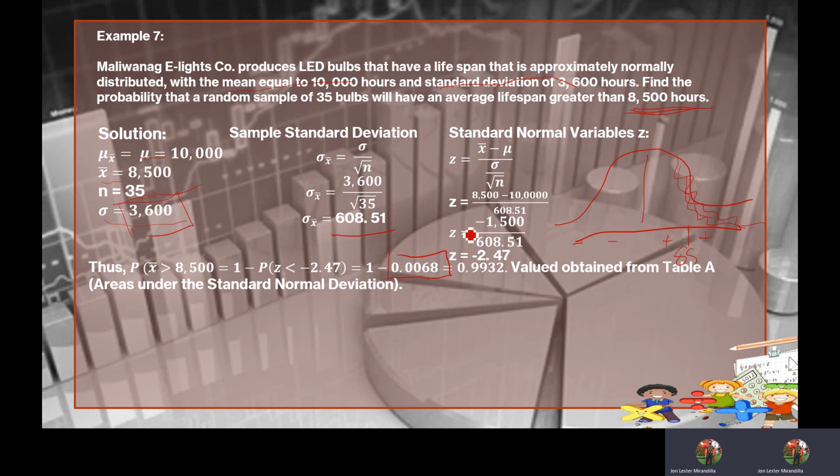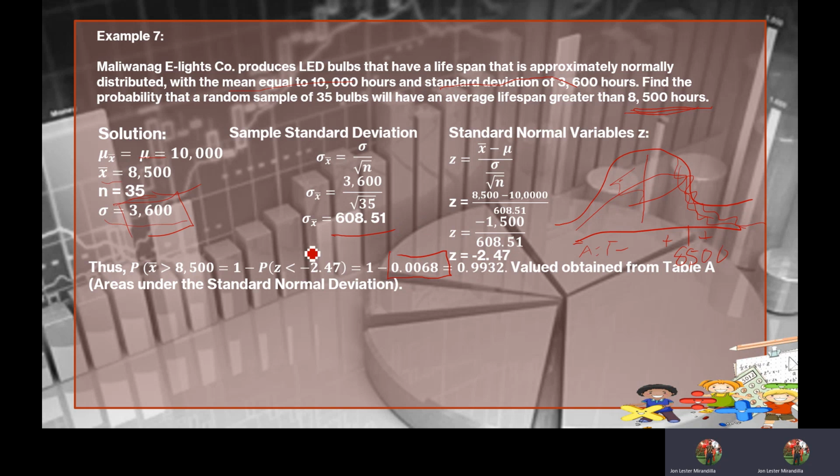Let's say na dito si 8,500. Ito yung pinapahanap. Doon sa z-table natin, ang nakuha values na 0.0068 is ito mga to. Kaya, need natin i-minus sa 1, kasi yung total area nitong normal curve na to is 1.